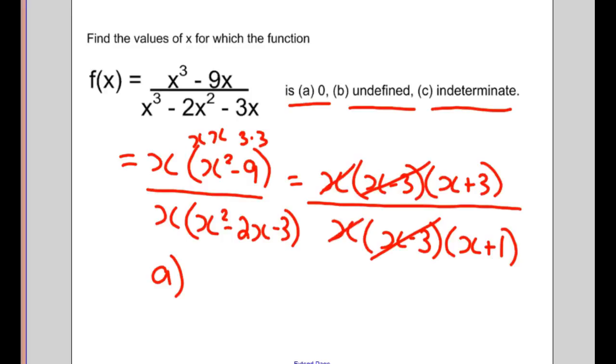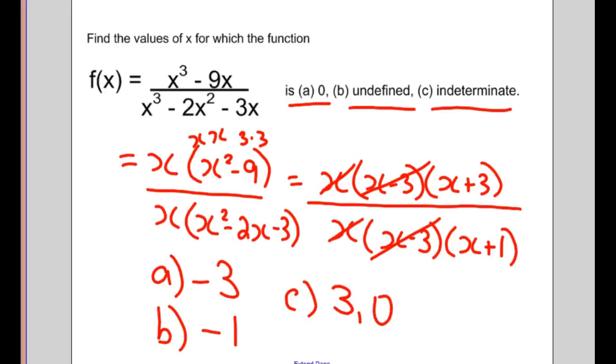Now let's focus on what makes the top 0. Minus 3 does. Perfect. How about what makes our bottom undefined? Negative 1 is left. And what is our indeterminate? What are the things that we crossed off? 3 and 0.